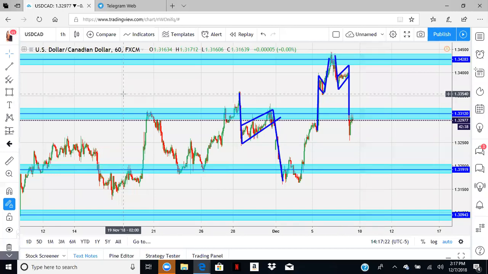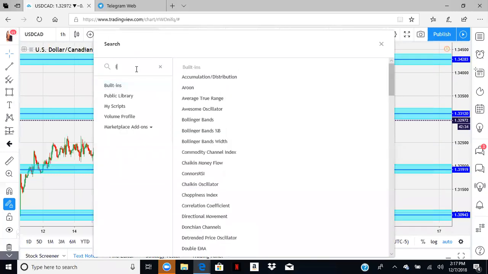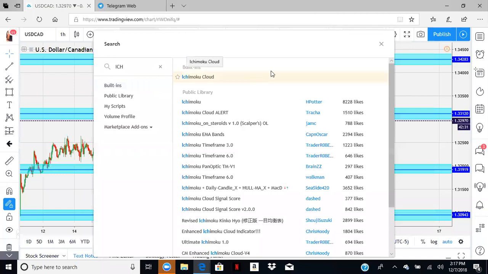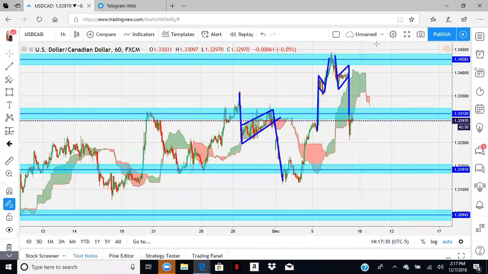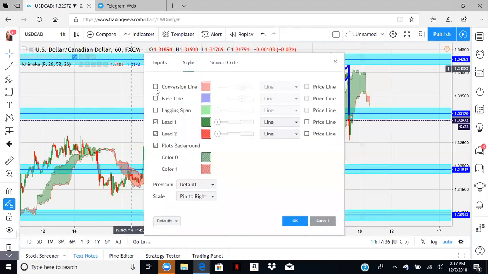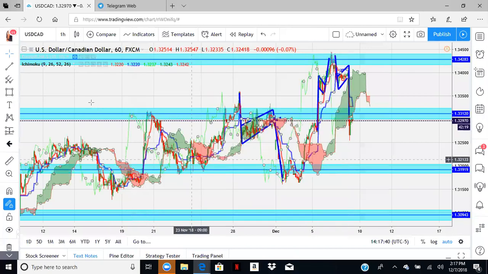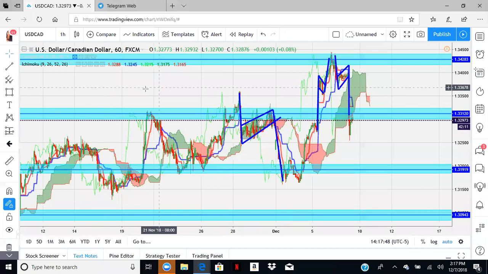Now, if you go to indicators, if you type Ichimoku, okay, now normally the Ichimoku cloud looks like this.